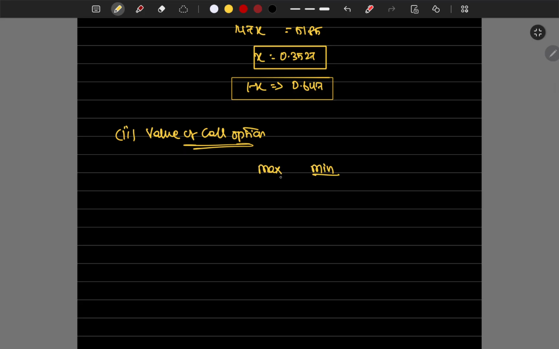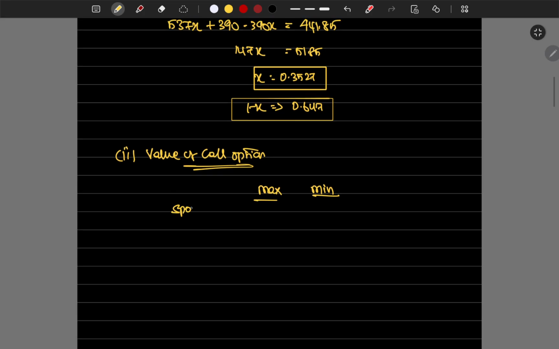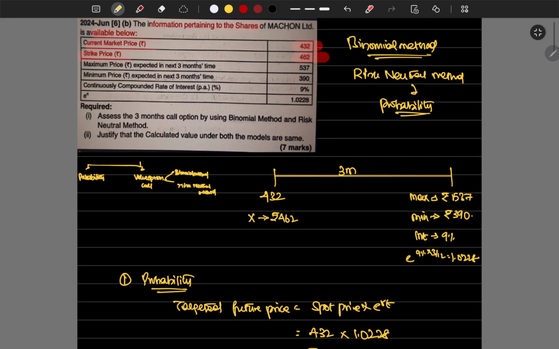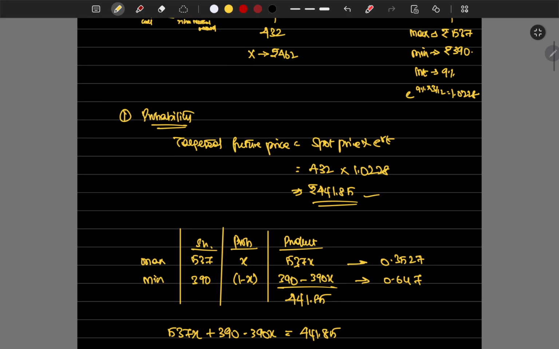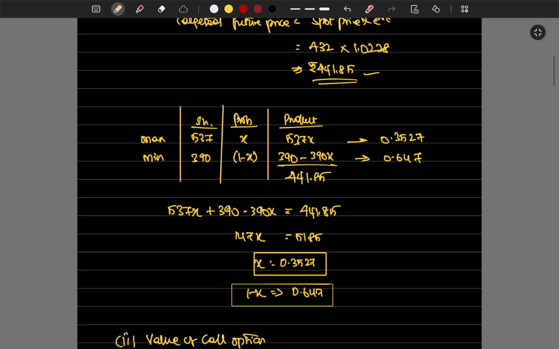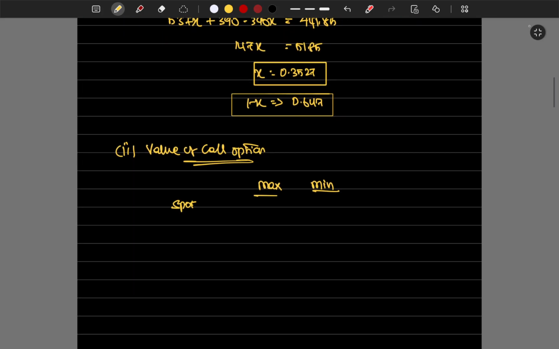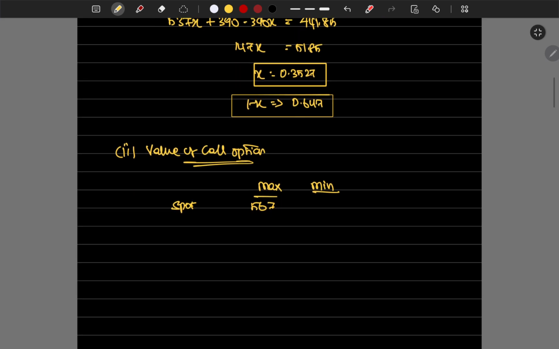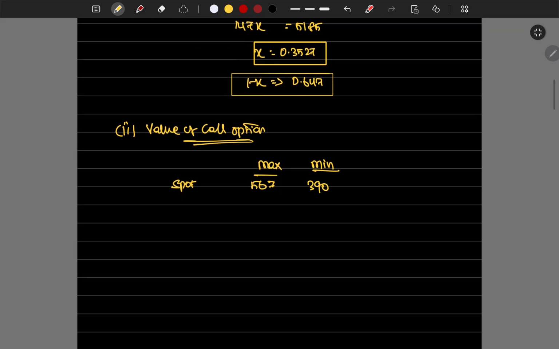Max, min. What's the spot price? Spot price at 3 months is 537 and 390. What's the strike price?